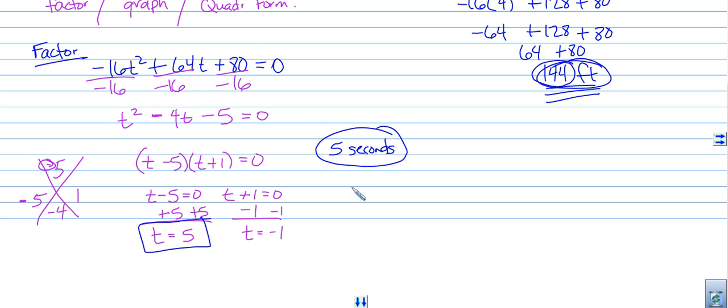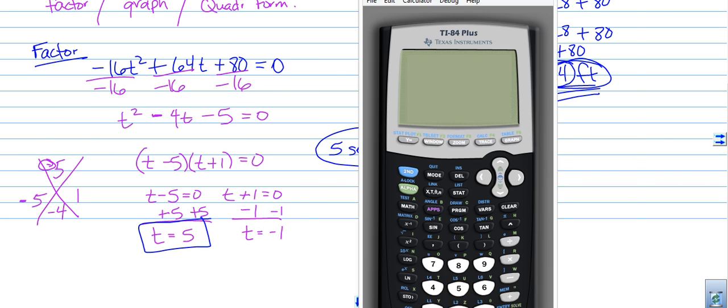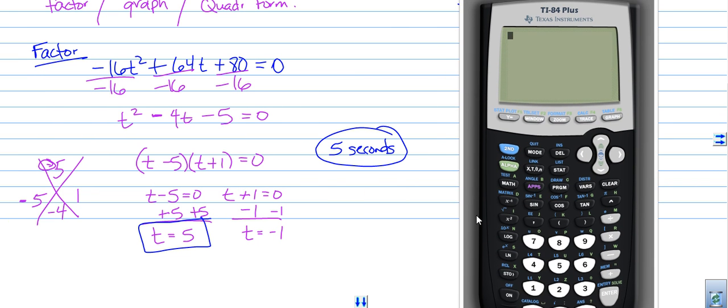Okay? So now, if you're going to do it via the graph, okay, we'll pull up our calculator. You'll use the calculator to do it via graphing, okay? You'll go to y equals, and you'll enter in the equation, negative 16x squared. This is our variable button. So anytime we want to enter a variable in, x, t, theta, and n, you'll use that button to do it.